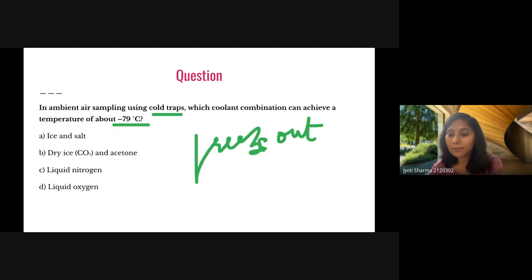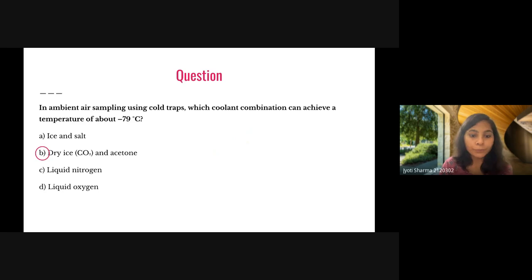Okay, so I'm having C answer, B answer, and the answer will be B here. To maintain a temperature of minus 79 degrees Celsius, we will use dry ice and acetone, and different chemicals will maintain different temperatures, right? So I do have a list to show you.